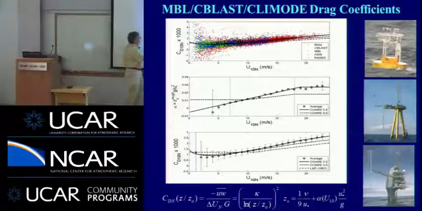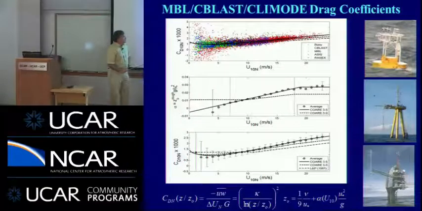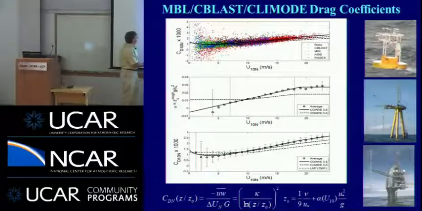This is how we parameterize the flux. We can take these bin-averaged measurements, convert them into a roughness length, and this is the parameterization we're using in COARE 3.5, where this is the Charnock relationship. Actually, this term down here is important. This is the roughness due to just viscous stress, essentially.